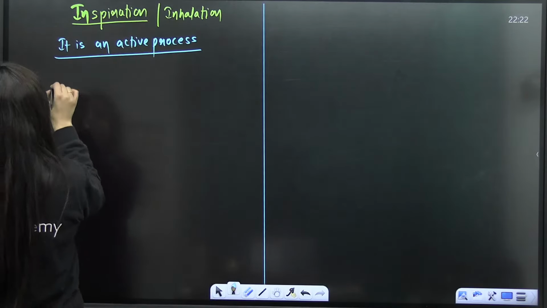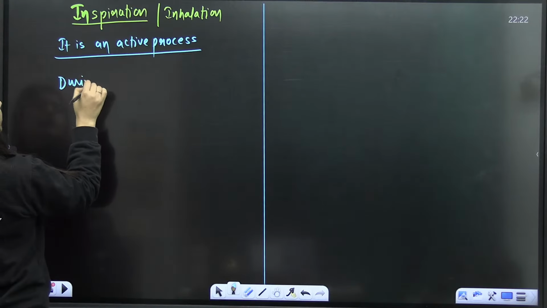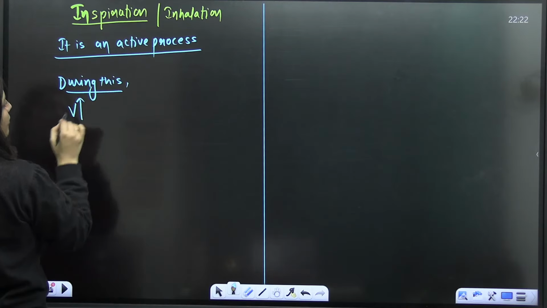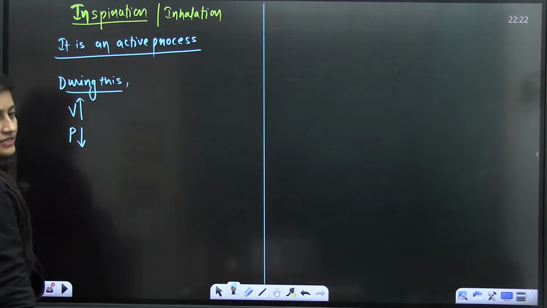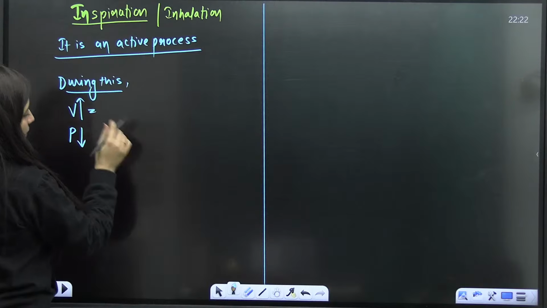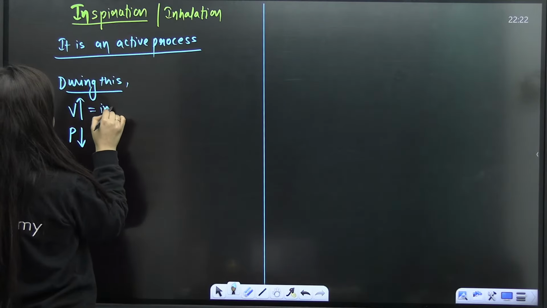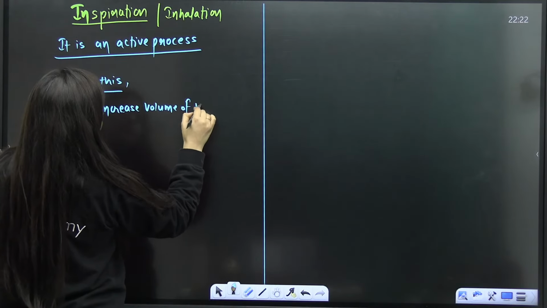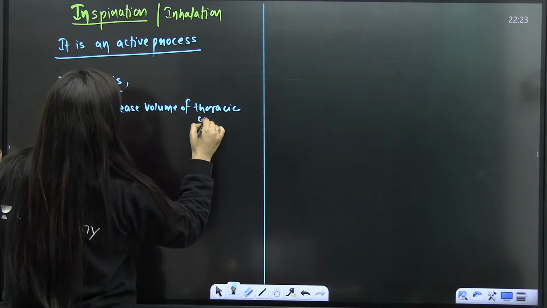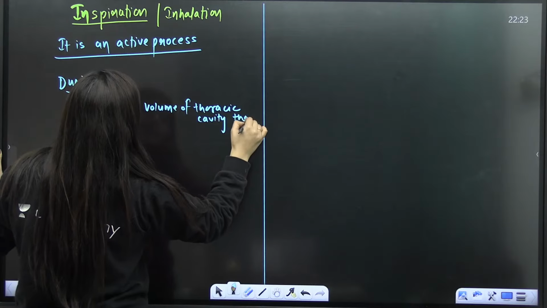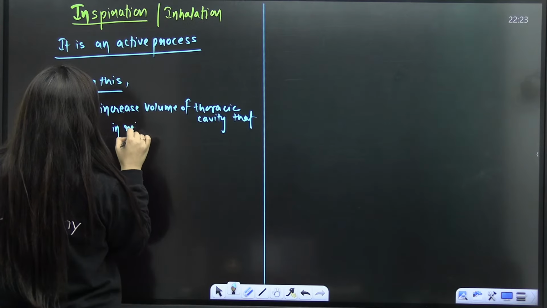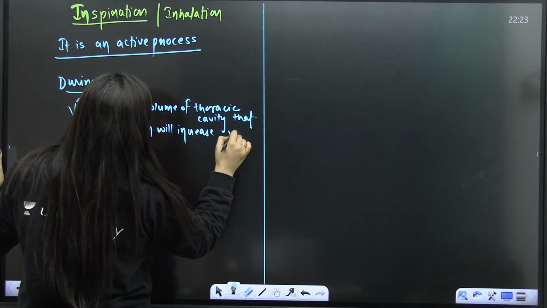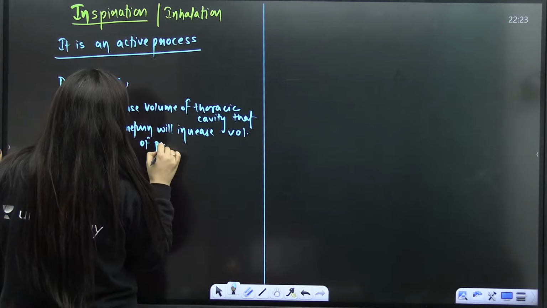Done. Now, during this, what do we need? We need to increase the volume of the thoracic cavity and decrease the pressure. Increasing the volume of the thoracic cavity will in turn increase the volume of the pulmonary cavity.